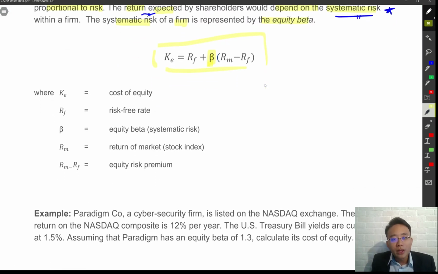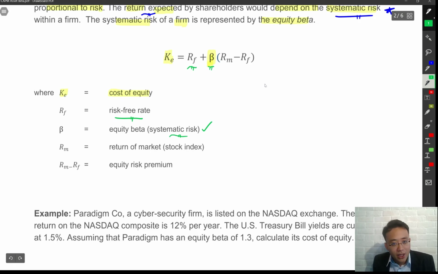So, this formula proposes that the cost of equity, KE, is equal to RF, the risk-free rate, plus equity beta, what we mentioned earlier, which is representing systematic risk, multiplied by, in the brackets, the return of the market, which is represented by the return of a stock index.